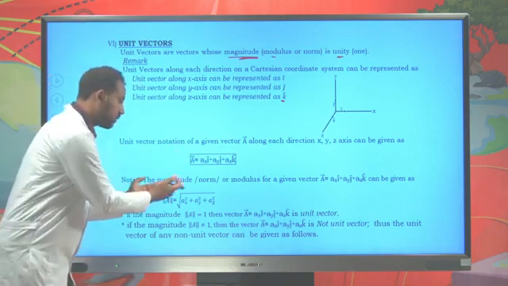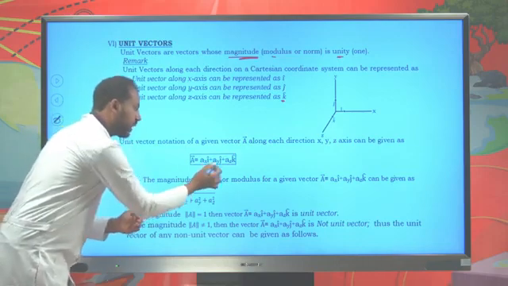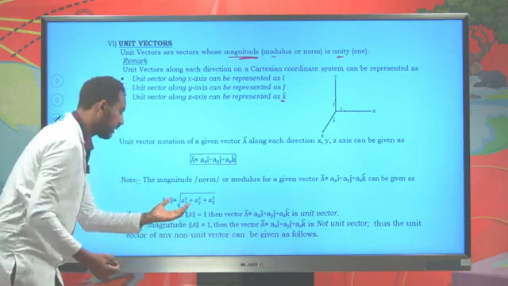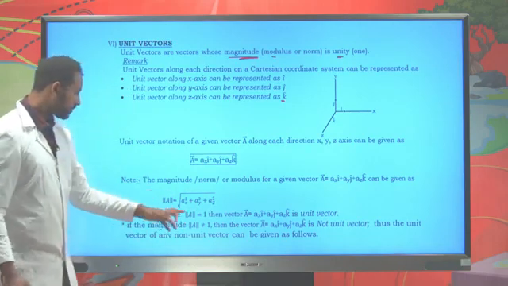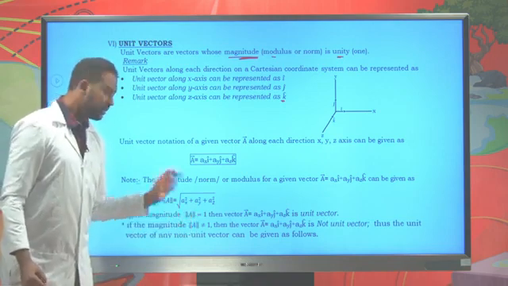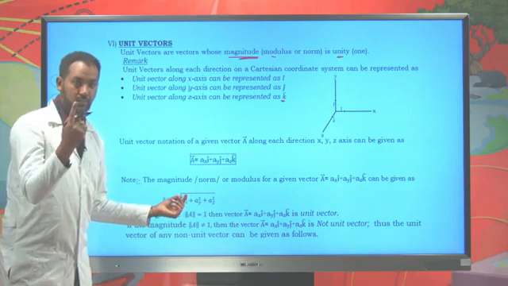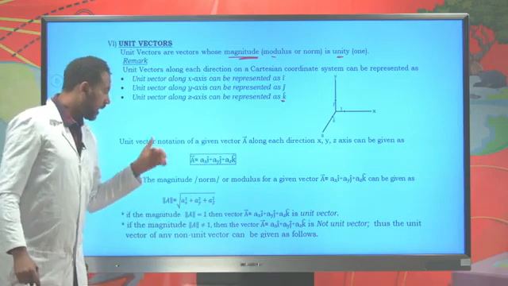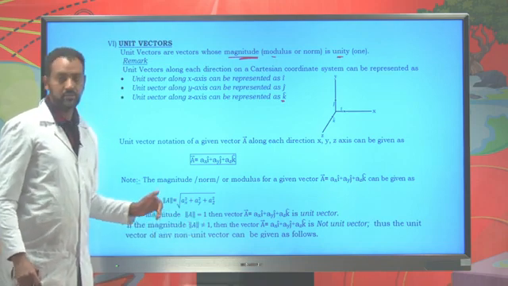Well, the magnitude, or the norm or the modulus, of this vector is determined by squaring every component: Ax squared plus Ay squared plus Az squared, and then taking the root, gives you the magnitude of this vector. If you determine the magnitude and you find it to be 1, then this vector is said to be a unit vector. If it is different from 1, then it's not a unit vector.